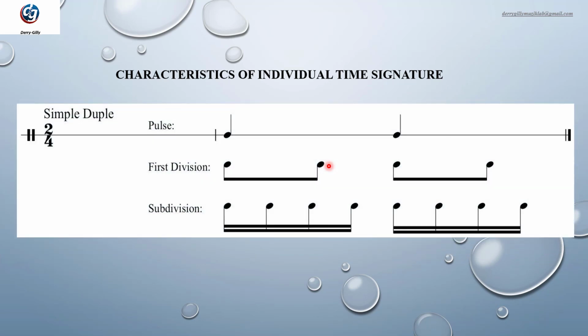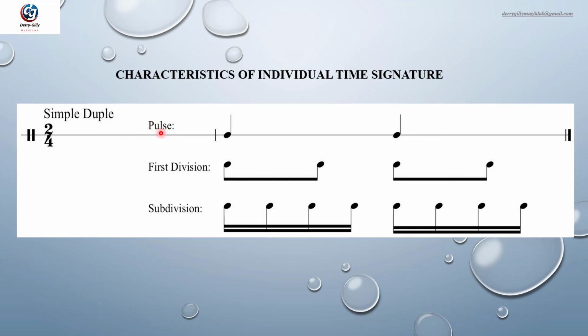So the pulse is telling us the fundamental background pulse. The first division is telling us the level determining pulse division into two portions or three portions, and then the subdivision is the subsequent divisions into smaller values. We can look at this table here. This is our pulse, in simple duple time.